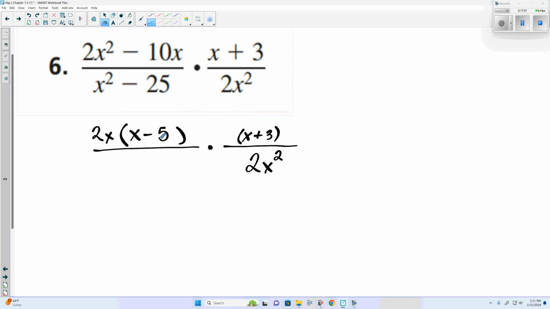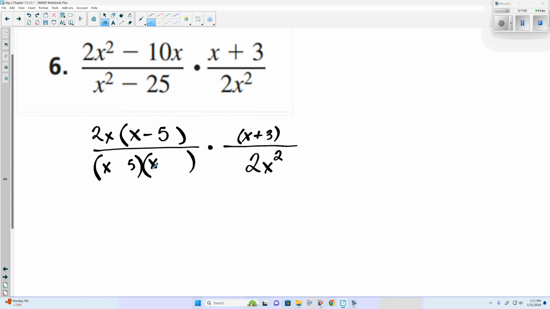So the last thing we have to factor is x squared minus 25. We have no middle term. Since we don't have a middle term, x squared is x times x. 25 is 5 and 5, yes? So this is a difference of perfect squares.